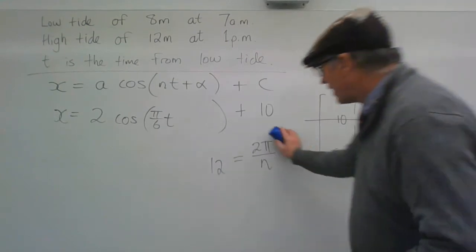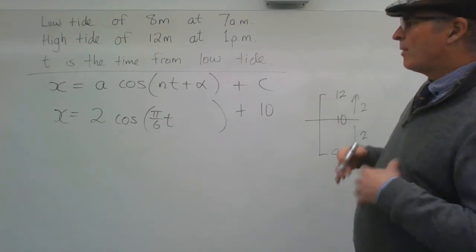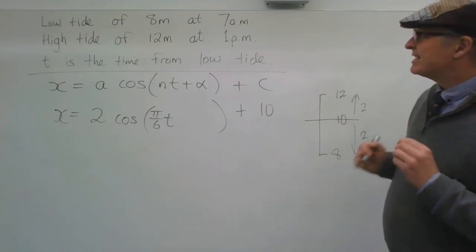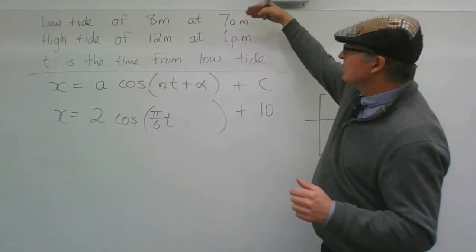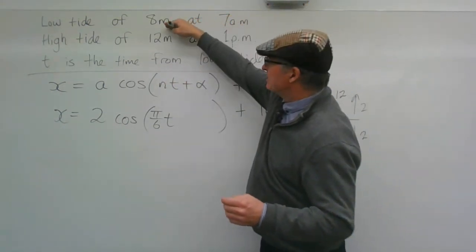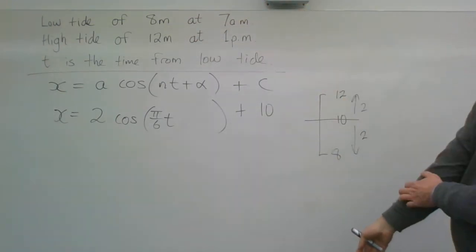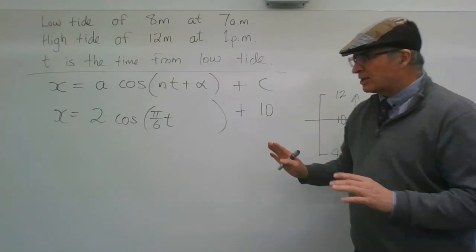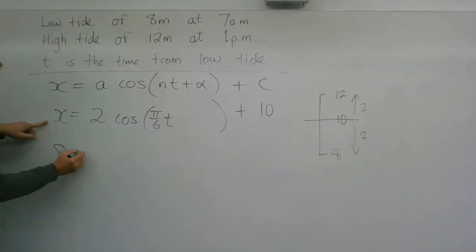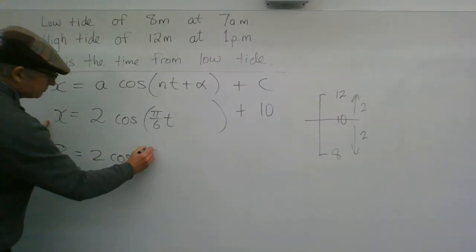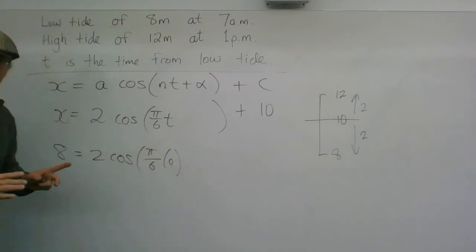So I've nearly filled out the whole of my equation. I just need the plus alpha. So how am I going to work that out? Well, I know at the very start, T is the time from low tide, and at low tide, it was at 8 meters at 7 a.m. So I can actually pop in the fact that it was at 8 meters at time t is 0, because T is the time from low tide.